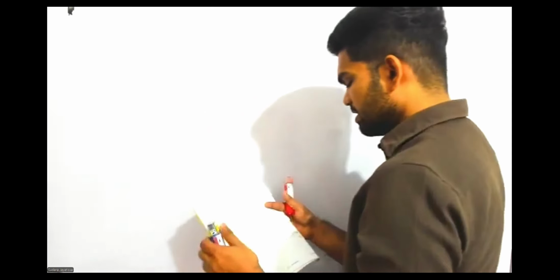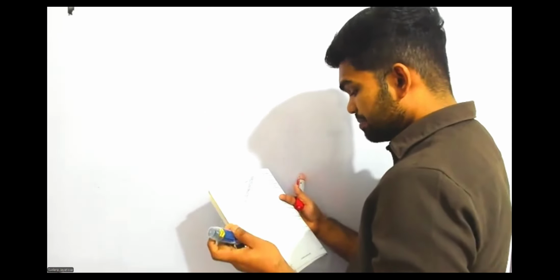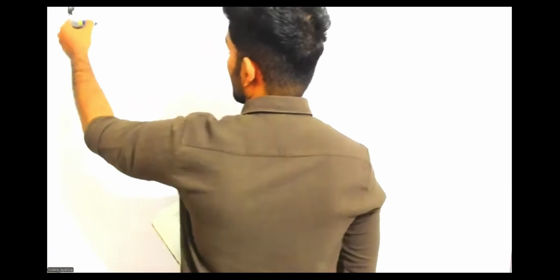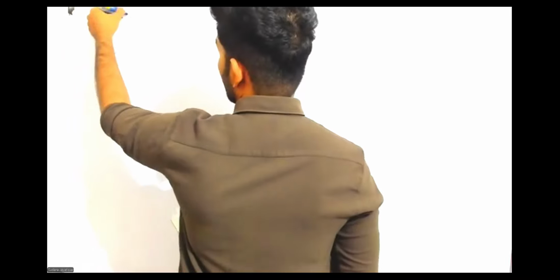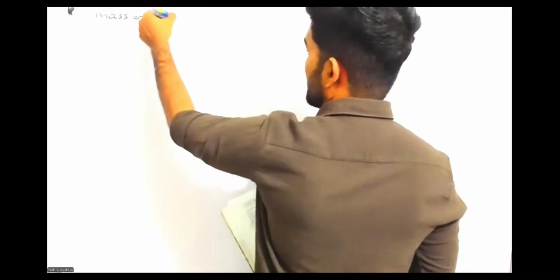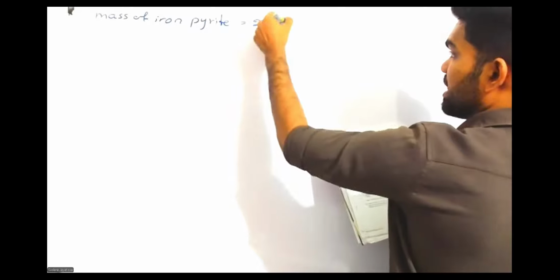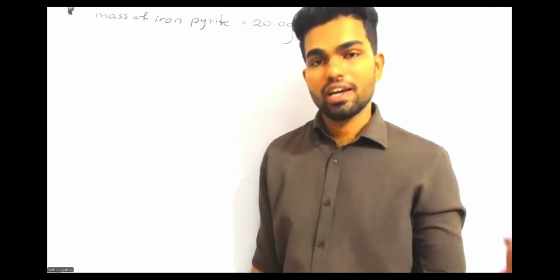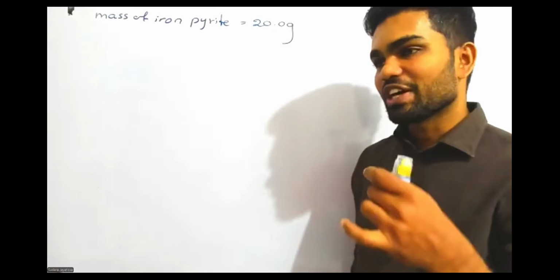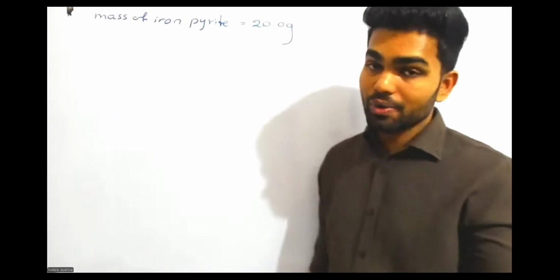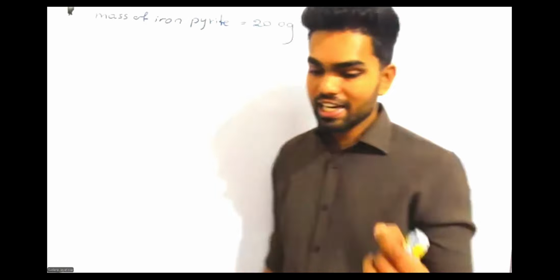Now here's what they are telling. There is a sample of iron pyrite, mass 20 grams. Even though you have 20 grams of iron pyrite, it's not all composed of FeS2. The FeS2 mass is only 80% of that sample. You found that earlier, remember, only 80%.